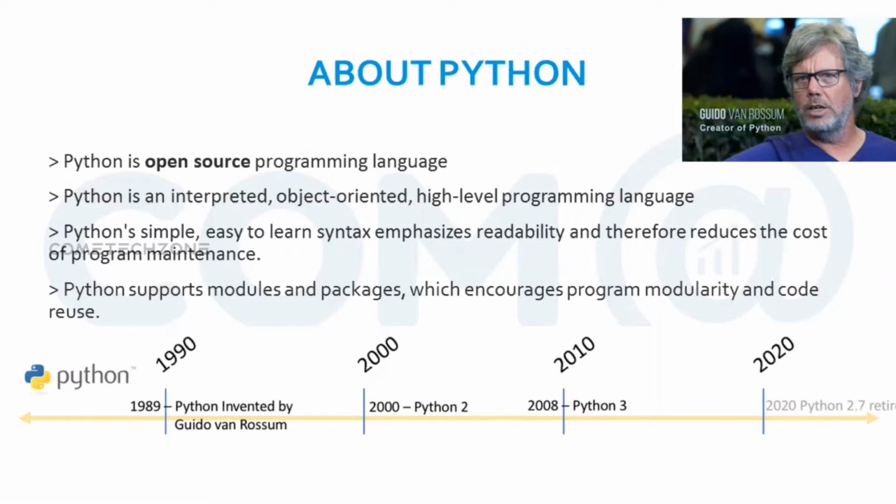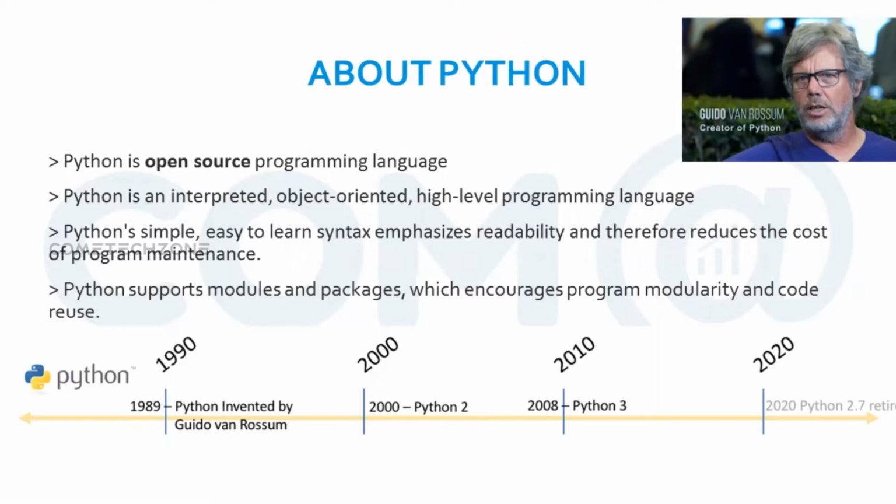And Python is very simple and easy to learn, with easy syntax and readability, and therefore reduces the cost of program maintenance. Python supports modules and packages, which encourage program modularity and code reuse.